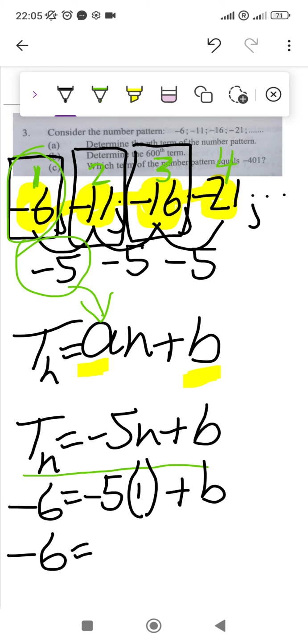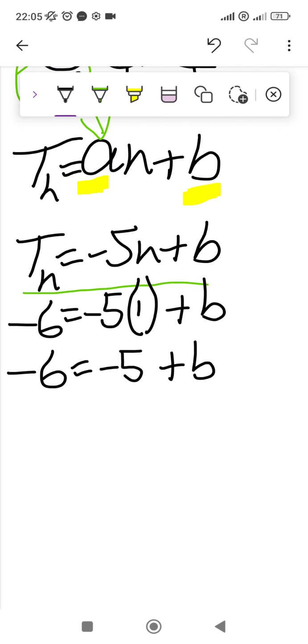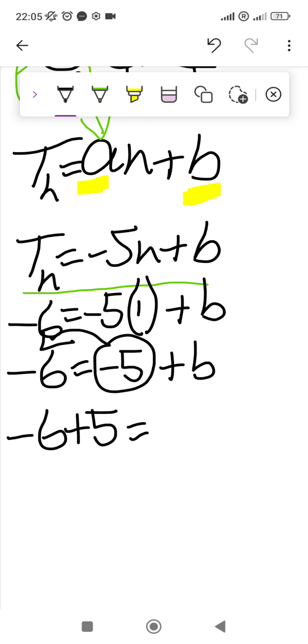My right hand side, minus 5 times 1 is minus 5, and I have my plus b. So what's the value of b? Let's do some quick algebra. Let's take this over. So I have minus 6. We say we take it over, but we are adding 5 on both sides. And our b value then equals minus 6 plus 5, which is minus 1.